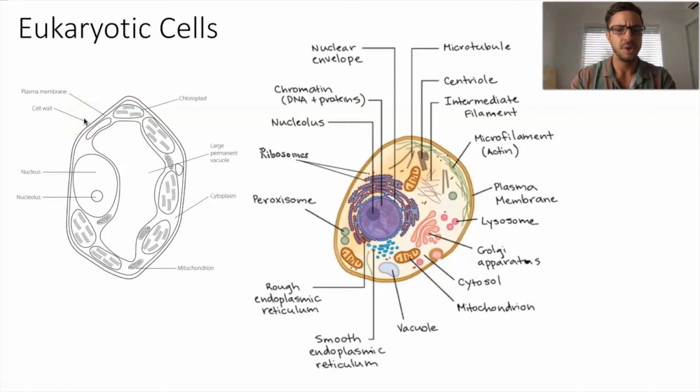And also, as you will read about in the textbook, we also have what are called plastids. And plastids are these double membrane features that can actually interchange between different types of plastids depending on what the cell needs. So an example of a plastid is a chloroplast, and a chloroplast is important for photosynthesis.